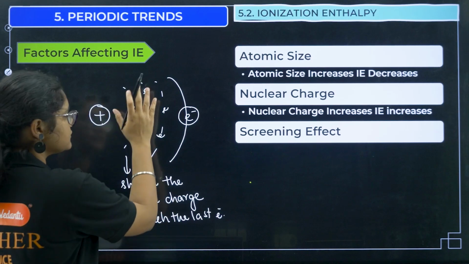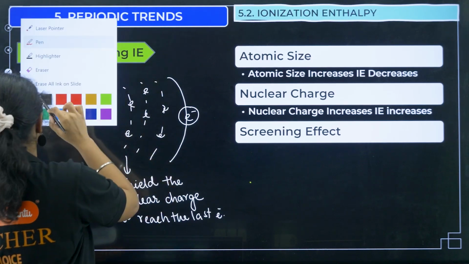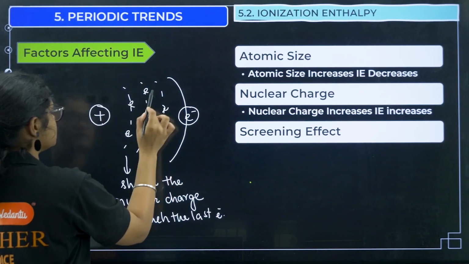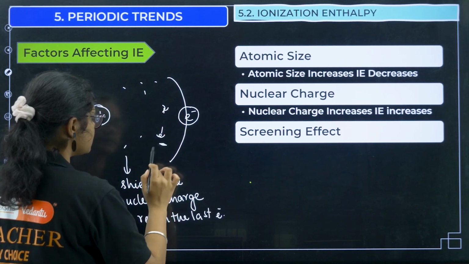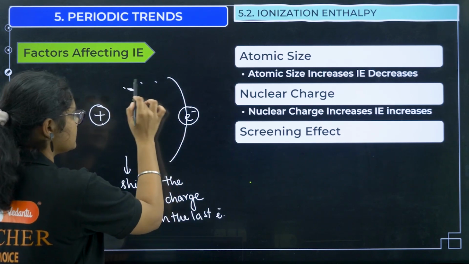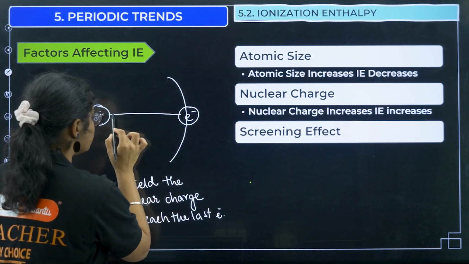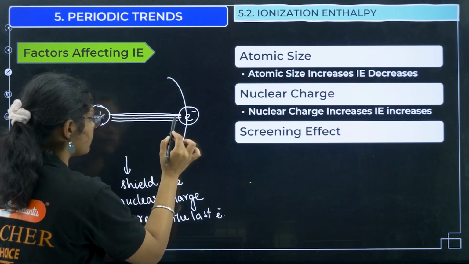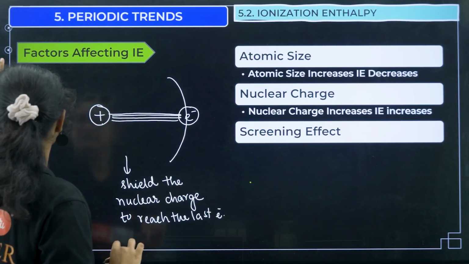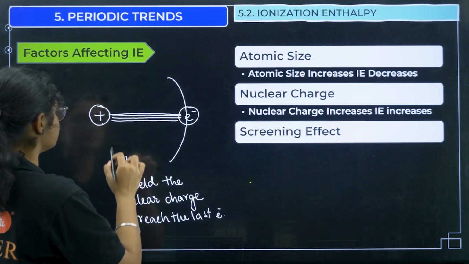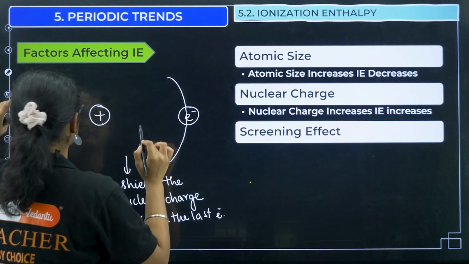Suppose these electrons are not there. In that case, the nuclear force will reach the last electron. But now suppose you have so many electrons present in between.